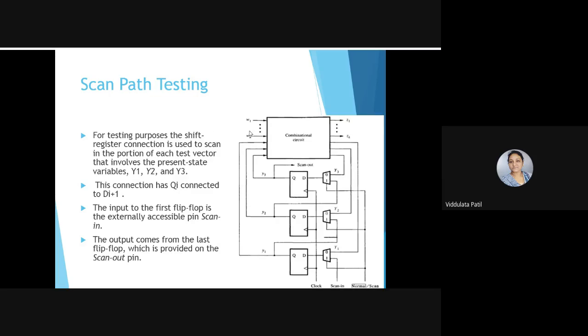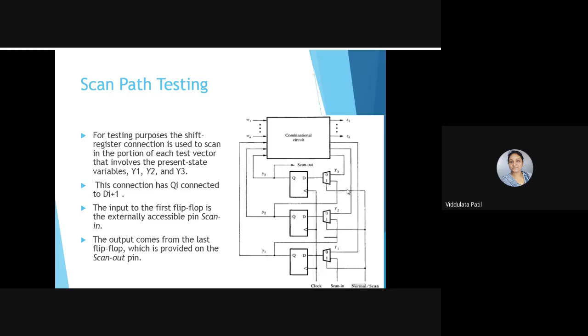Here these Y1, Y2 and Y3 will be connected here, as we are now going to test the operation of this circuit. And then we are testing whether these outputs are coming properly or not.